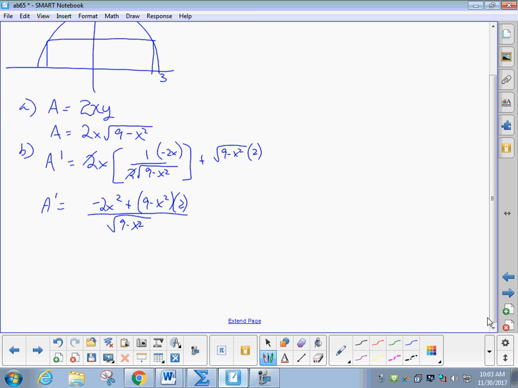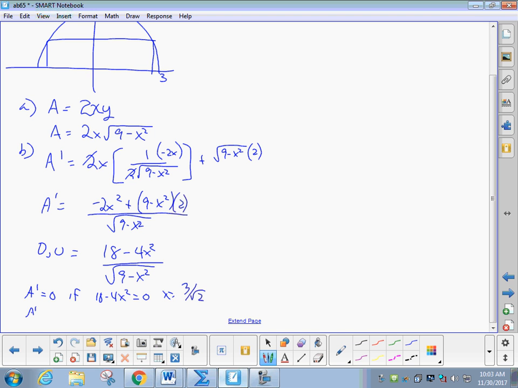So if I set this equal to 0 or undefined and I clean it up a little, I get something like 18 minus 4x squared in the numerator, root of 9 minus x squared in the denominator. A prime is 0 if 18 minus 4x squared equals 0, which is x equals the square root of 18 fourths, or the square root of 9 halves, or 3 over root 2.